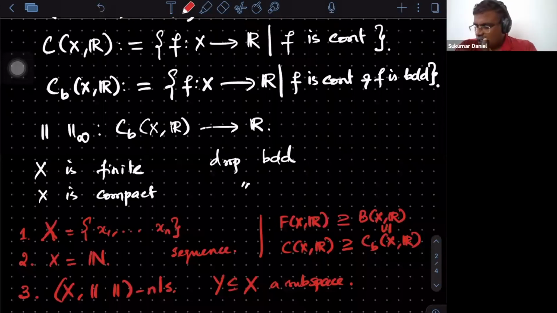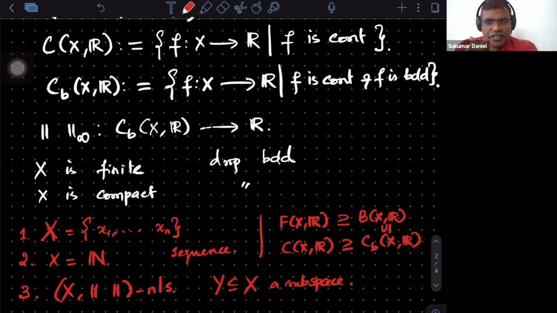But the question is not only that. Suppose I know this is a norm on a bigger set, and I want to check it is actually a norm on a smaller set. What are the properties I need to check again? Do I again need to check it is non-negative? No need, because it comes from the bigger set. Do I again need to check the triangle inequality? No, it is true in the bigger set.